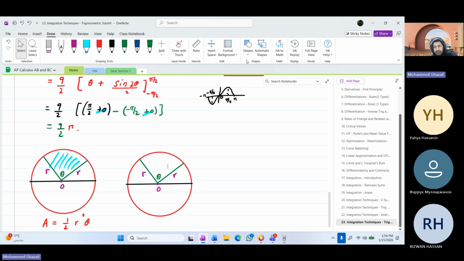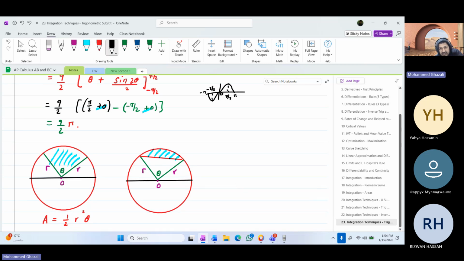Now, remember, we also have a way of calculating the segment over here. What's a segment? A segment is a small piece. This piece here is a segment. How do we calculate the area of the segment with the central angle? It is the area of sector minus the area of triangle.